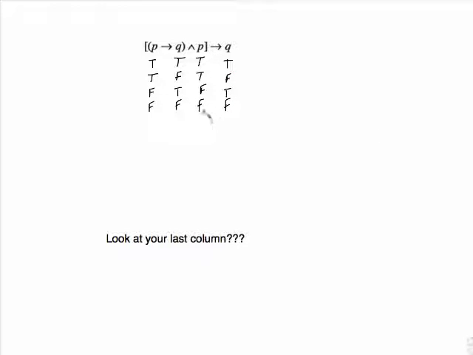Now let's start using some of the connectives. We need to start inside the parentheses, so I need to work right here. This is an if-then, and the only time the conditional is false is if the premise is true and the conclusion is false. So that's false, and the rest of this column must be true. Now I'm working this with this column for and. The only time an and statement is true is if both simple statements are true.